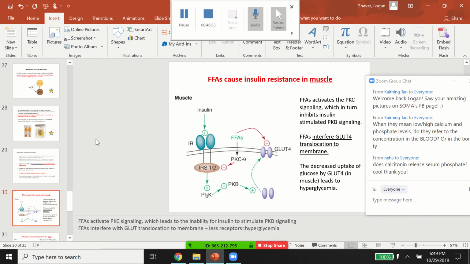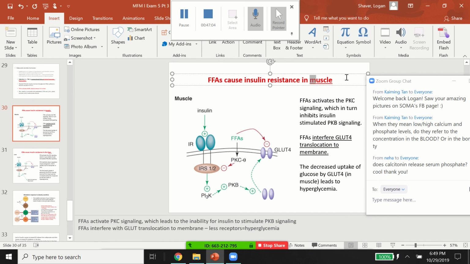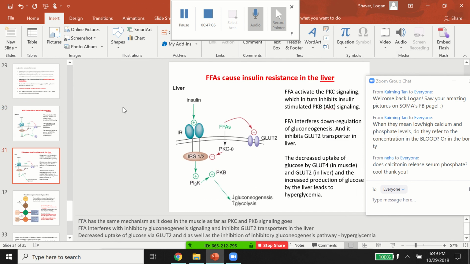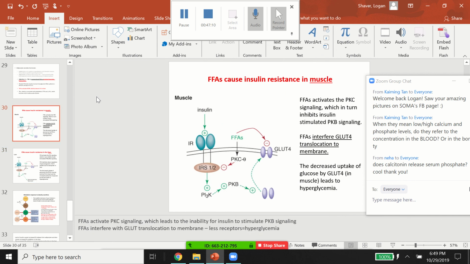I included these specifically because I didn't know if she asked anything about them, but I did note back then that free fatty acids cause insulin resistance. This one's in muscle specifically, while this one's in liver specifically. These would be things I'd push off toward the end, but I would try to remember them, because I don't really remember her asking specifically about this.